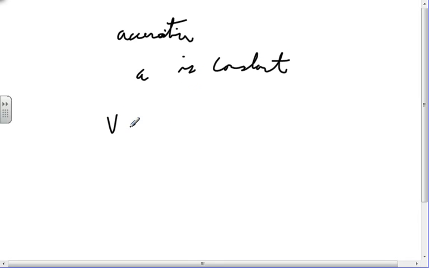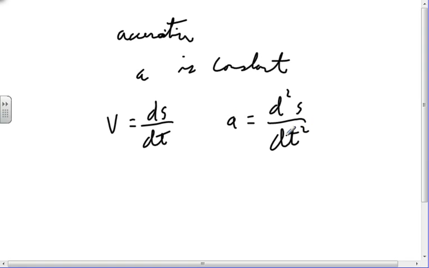Then velocity is going to be the change in position over change in time, and my acceleration is going to be the second derivative of position with respect to time, as long as acceleration is constant. Oh, yeah, I guess that's right.